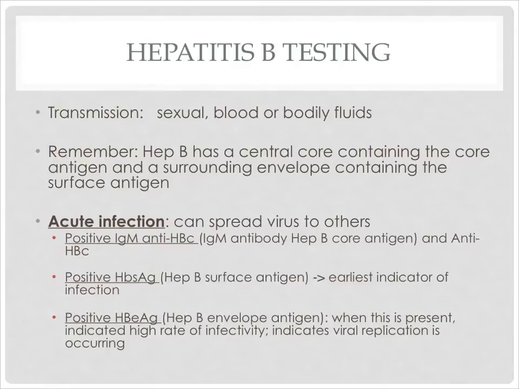In addition, you're going to have a positive Hep B surface antigen, which is the earliest indicator of infection. And then in addition, you're going to have a positive envelope antigen, which, as I stated just before, has a high degree of infectivity associated with it. There's rapid replication of the virus taking place at this point. So these are all the things you're going to see with an acute Hep B infection.